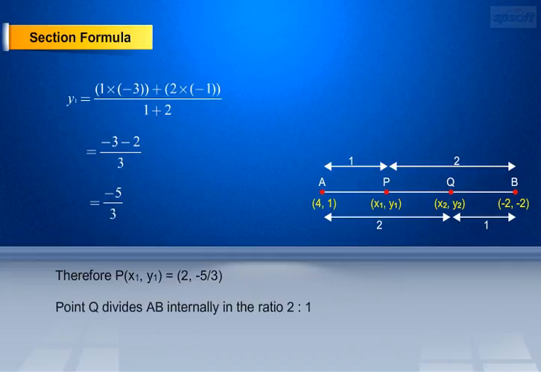Consider point Q dividing AB internally in the ratio 2:1. Therefore we have Q(x2, y2) divides A(4, 1), B(-2, -3) in 2:1 ratio.